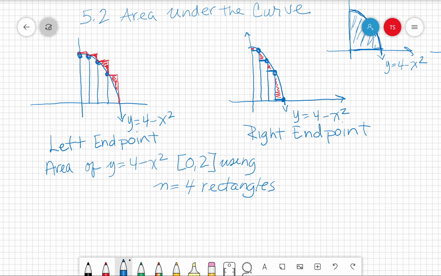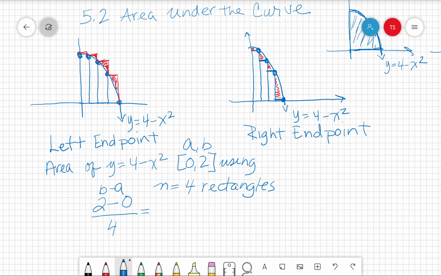If I wanted to find the area of the graph y equals 4 minus x squared from 0 to 2, which is here, if I want to use 4 rectangles, then I'm going to take 2 minus 0. Essentially, this is the area from A to B, so this would be B minus A. And then I'm going to divide it by the number of rectangles.